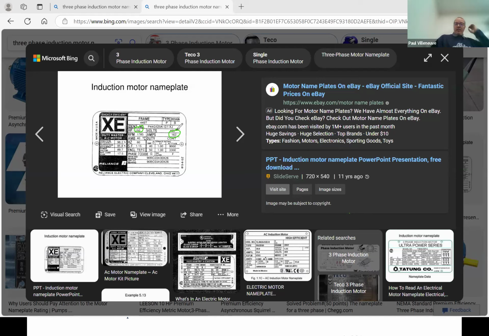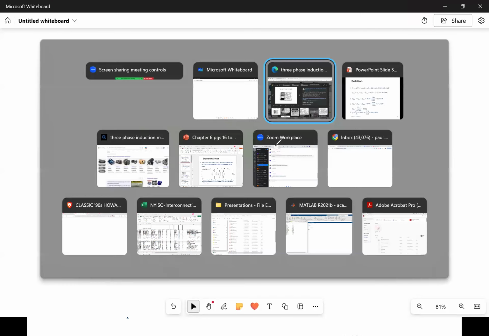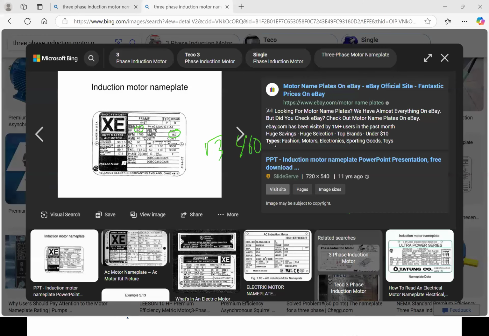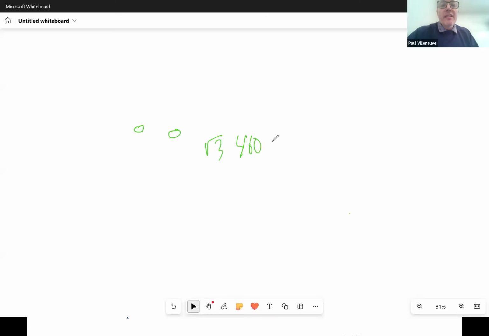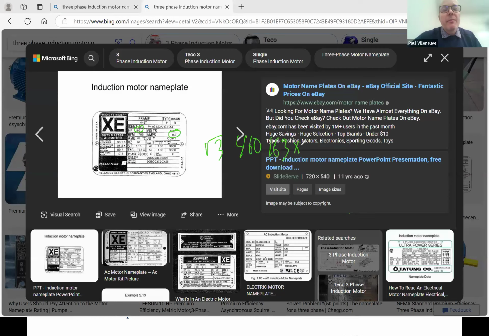So let's check their results. We have 460 times the square root of 3 times 163, I think was the current value. Yes. And then I multiply that by the cosine of theta, or the power factor, which is 0.897.